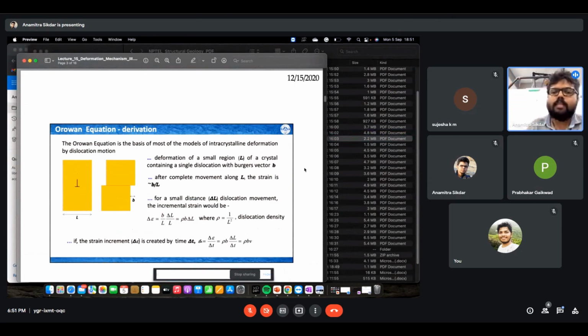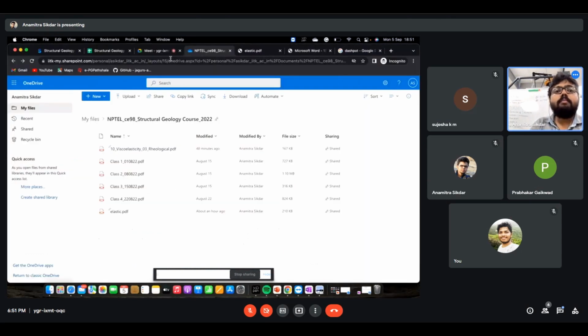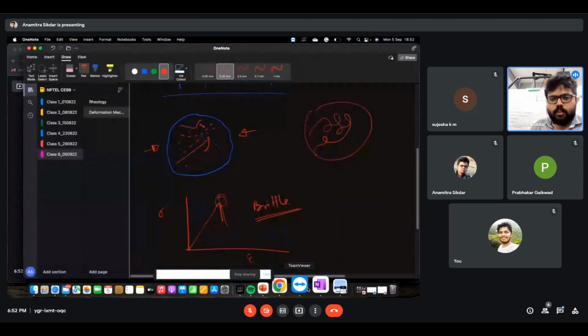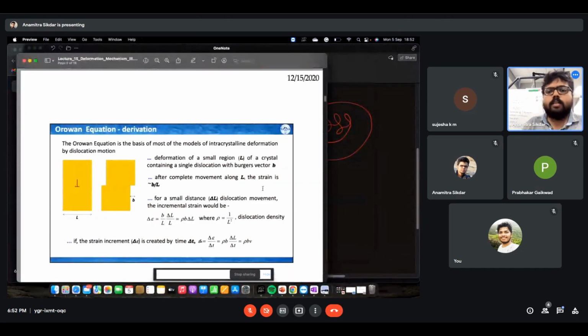Do you know what a basis is? A basis is like a unit vector. I will assume that we know what a unit vector is. So the Burgers vector is basically the basis of a deformation.